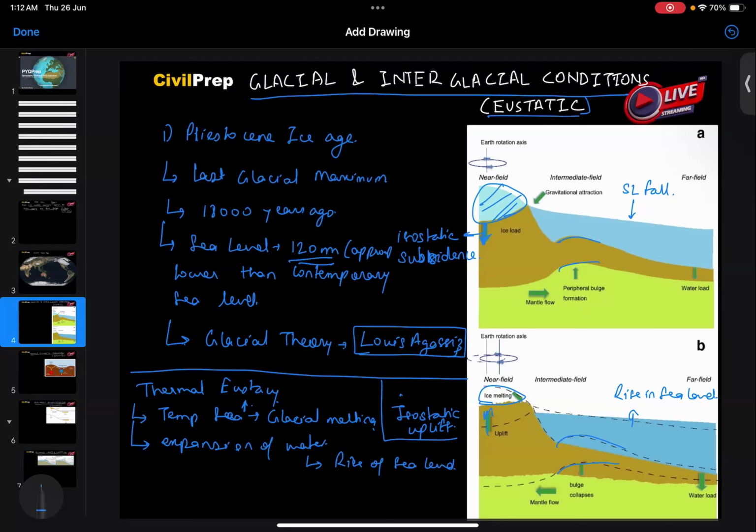For example, we can see one of the reports provided by IPCC, where a 3 to 4 millimeter per year rise in sea level is recorded in recent decades, just because of the rise in temperature of the sea.